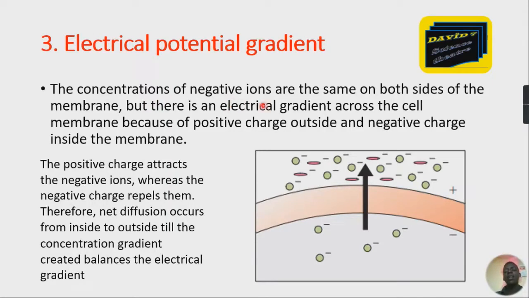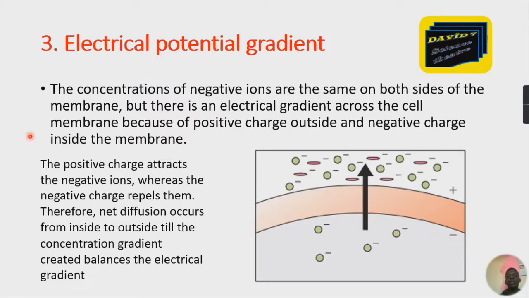The concentration of negative ions is the same on both sides of the membrane, but there is an electrical gradient across the cell membrane because of positive charge outside and negative charge inside the membrane. If I'm talking about the concentration of negative ions, it is the same, but the presence of positive charges outside the membrane creates an electrical potential gradient.